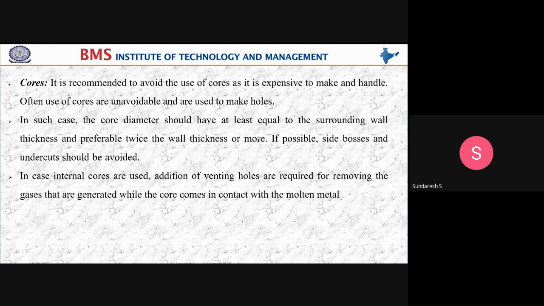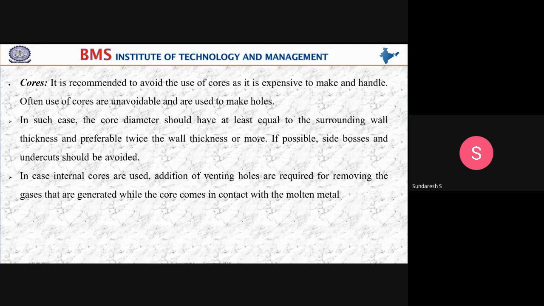Especially when you want to make a hole feature in a component, we generally go for a core. But these cores are not recommended because they are relatively expensive to make and very expensive to handle also.